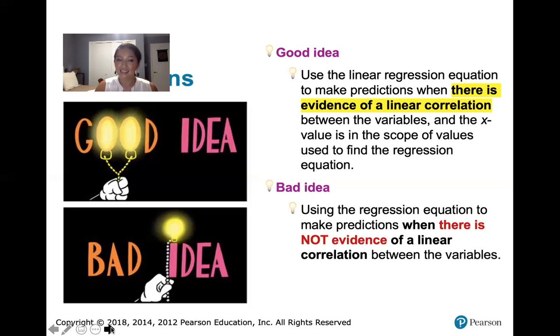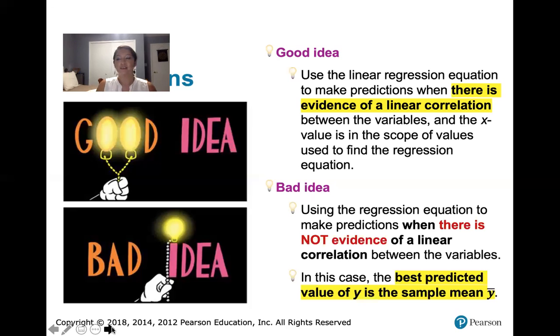In that case, if you're trying to find a Y value and you're saying, what's the best guess for the Y value if I can't use that equation? The best guess that we have for the Y value is the sample mean of the Y values. Remember, that was our point estimate of the true population mean. And that point estimate of the true population mean was an unbiased estimator.